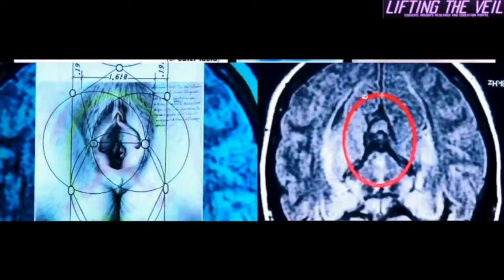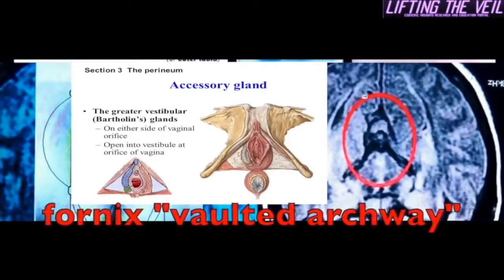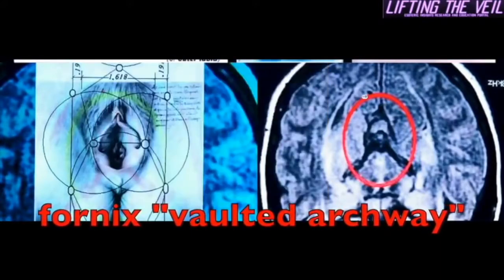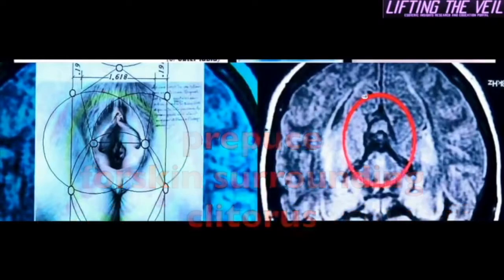What we're looking at directly corresponds to the female vagina. Here we can see the prepuce of the clitoris, and here the clitoral frenulum, the frenulum clitoridis, which directly corresponds with the brain.